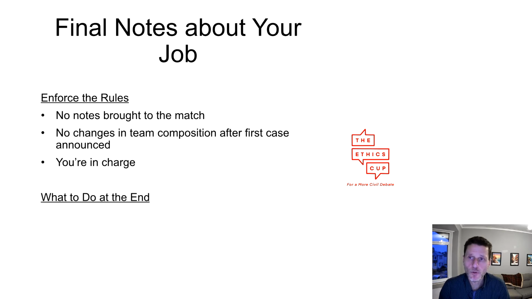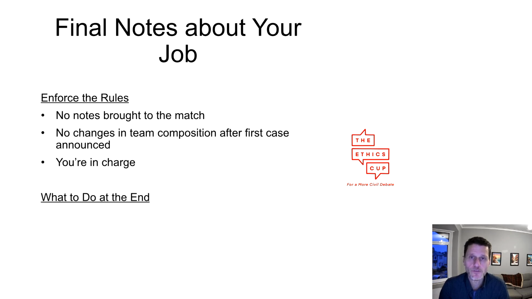If at any point when a judge is finished, it's your job to take a look at the score sheet and make sure that they have done their scoring correctly. Specifically, you need to check their maths. Actually add up everything that they've just added up to make sure that what you've gotten is what they've gotten.